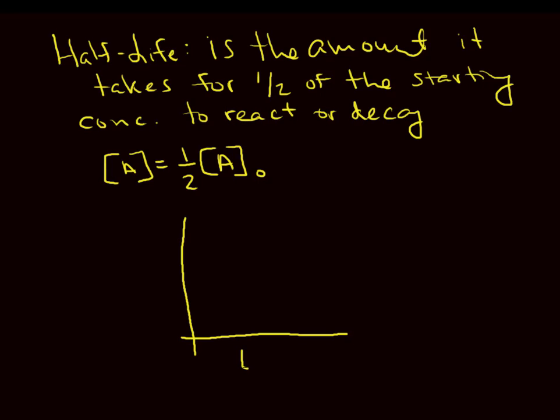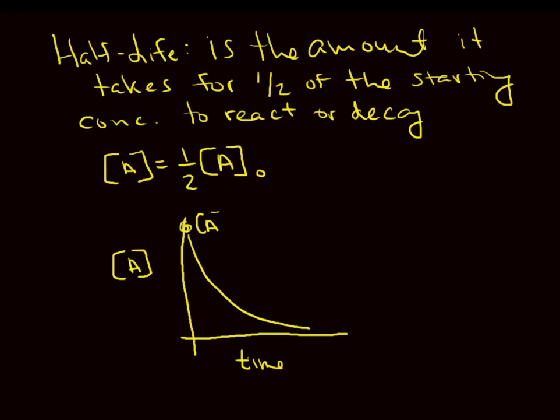our time on our x-axis and our concentration of reactant on our y. And since it's first order, we should see some sort of exponential decay in such a fashion.